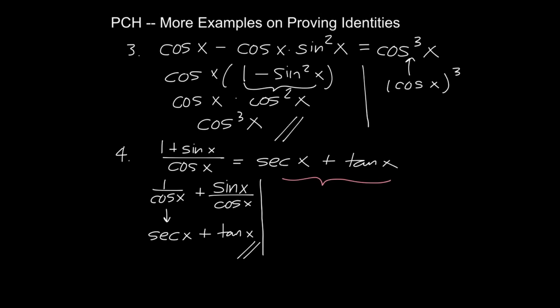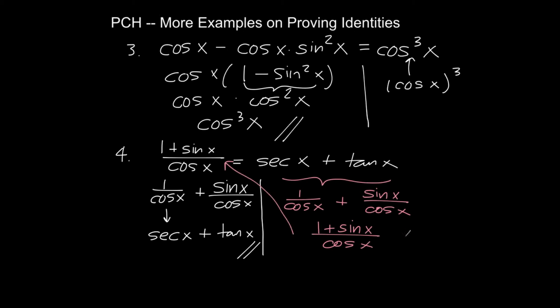So one strategy for proving identities is to write everything in terms of sine and cosine. So secant x is going to be 1 over cosine x, and tangent x is going to be sine x over cosine x. Well, 1 over, and then you see that these two have common denominators, so you can add them together, and then you get what was on the other side originally.